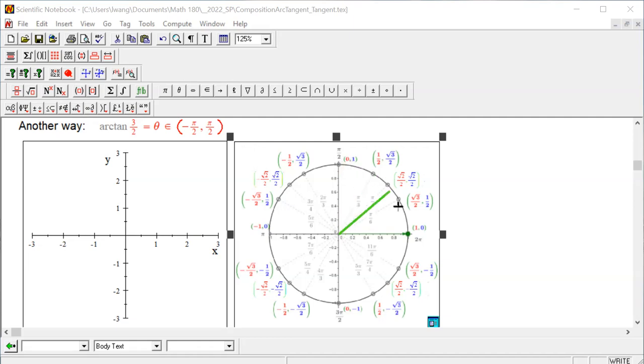So between negative pi over 2 and pi over 2, not including either endpoint. So with that said and done, you can see the answer is there, but also notice, right?